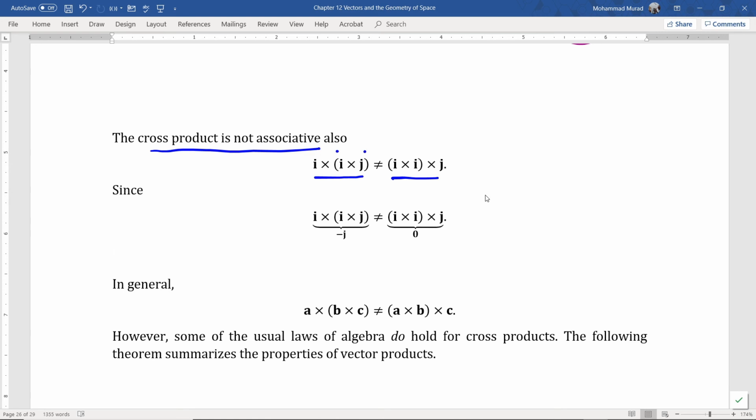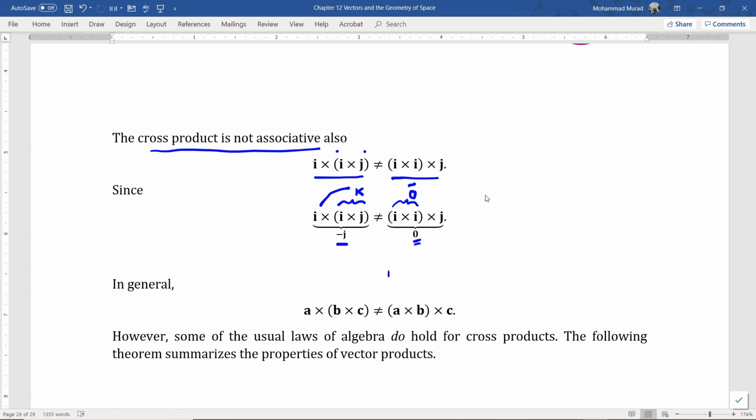For example, the left-hand side is the vector i cross j. Since i cross j is k, and i cross k would be negative j. So the left-hand side is negative j. On the other hand side, we have i cross i, which is the zero vector, and the cross product of any vector with the zero vector is the zero vector.